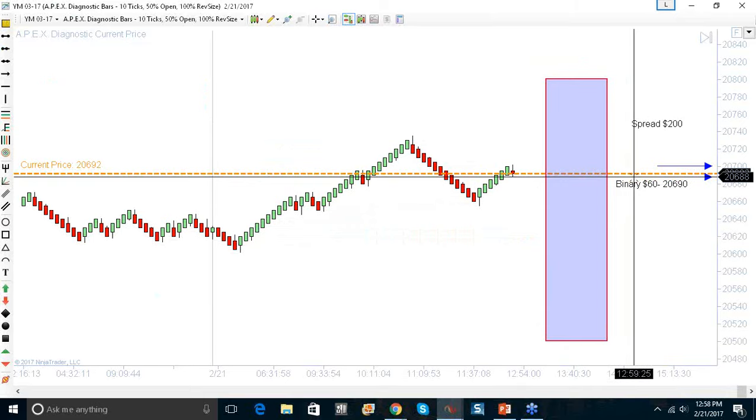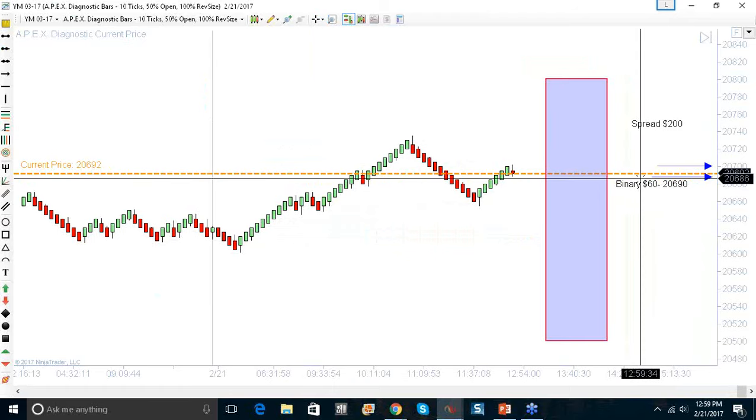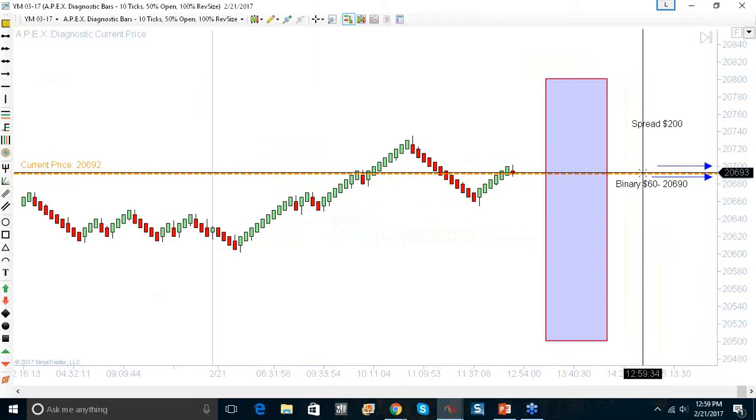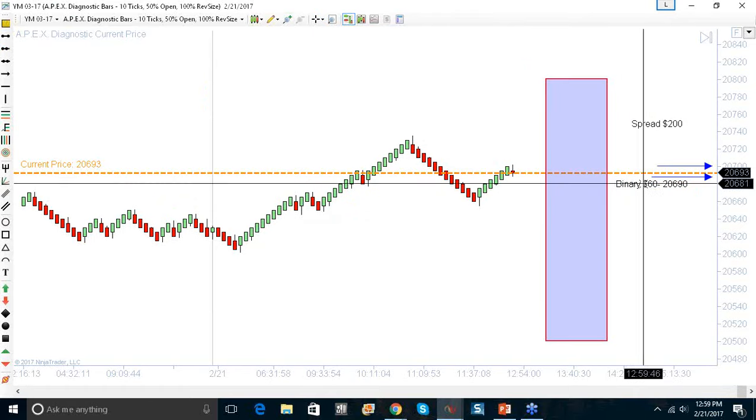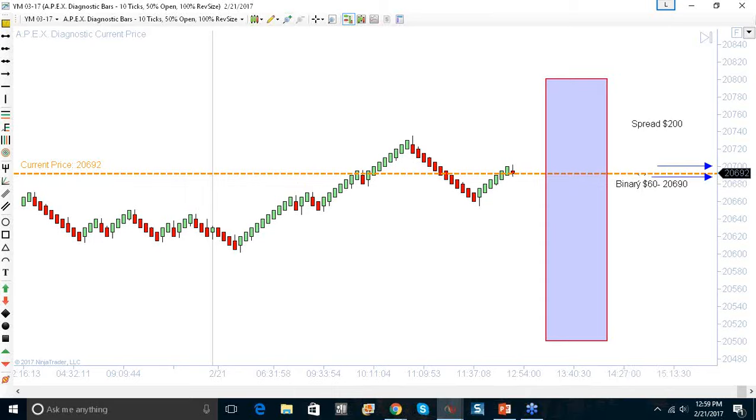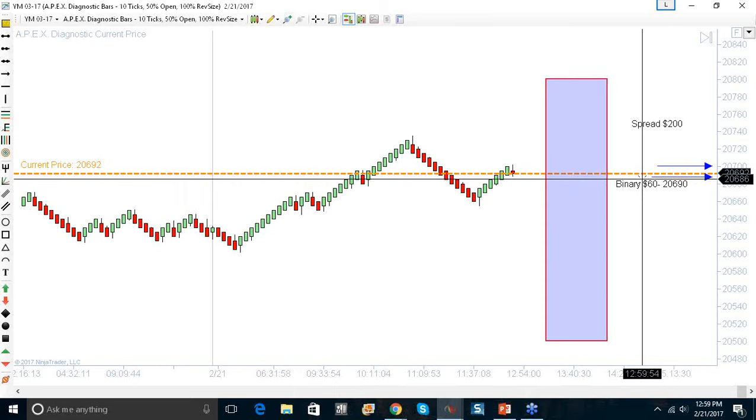What happens if the market expires one tick below it, at 689? One tick. You get zero, right, Mike? And how much did you lose? What was your max loss on that binary? 60 bucks, right? Because the market went one tick under your strike price.